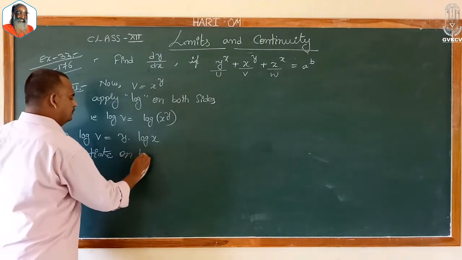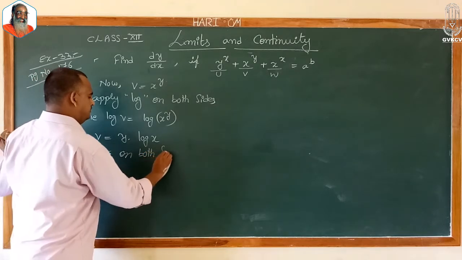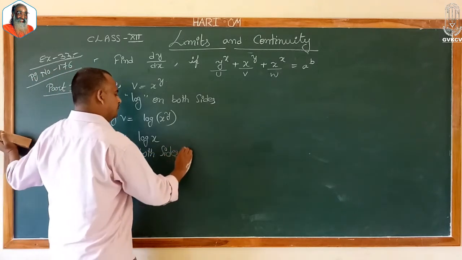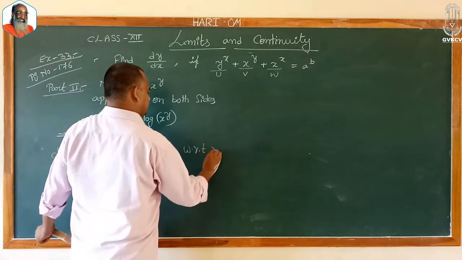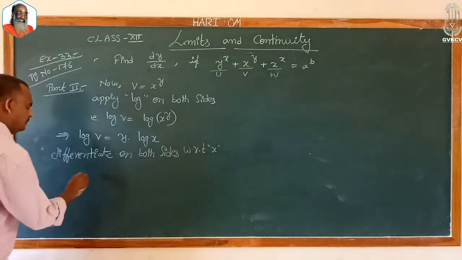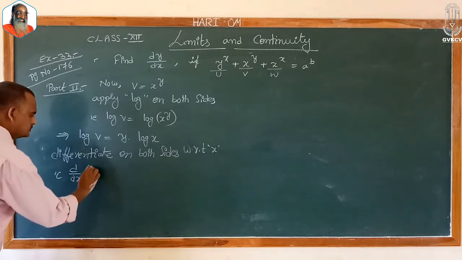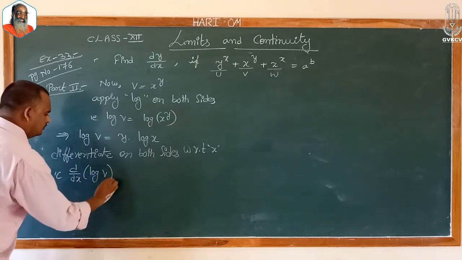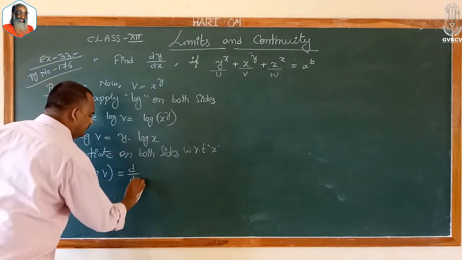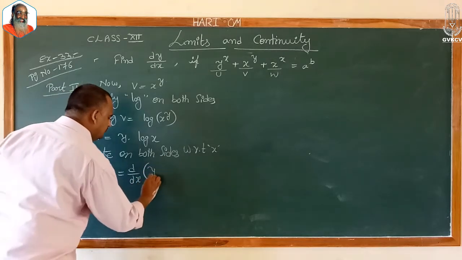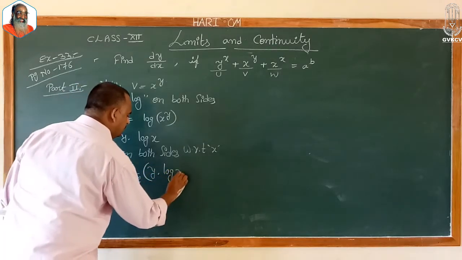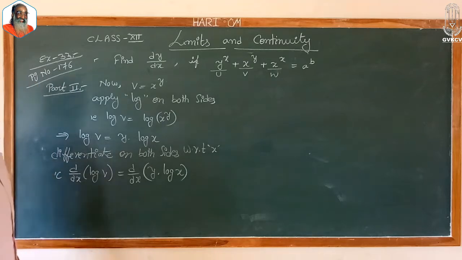Differentiate on both sides with respect to x. That is d/dx of log v = d/dx of y log x.